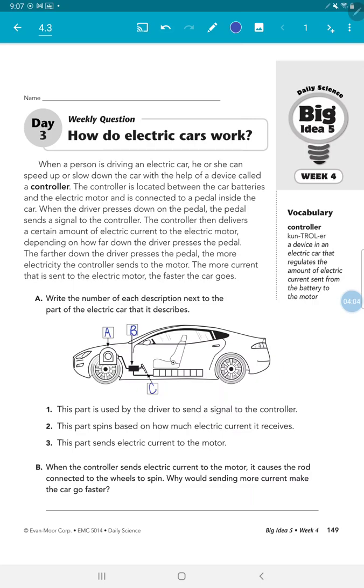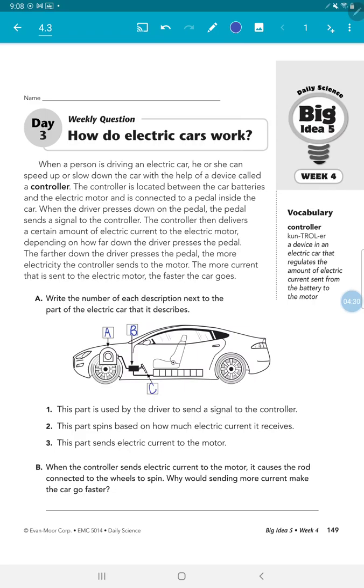All right, so let's look at this. Which one of these do you think that the driver would push to send the signal to the controller? Brayley? C. C is this pedal. That's what the driver pushes to send the information. It's like the button on your Xbox controller. That's what sends the signal to the controller.